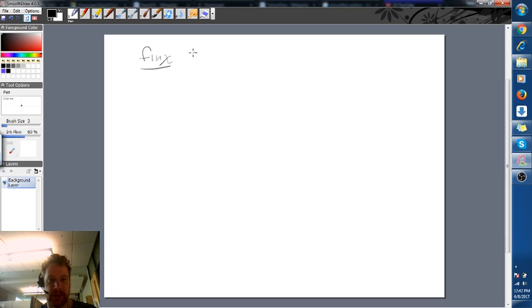And we write flux in reactor physics with this phi symbol. If we say phi equals the neutron density, and I'll just leave out the parameters of the neutron density function, and we multiply that by the velocity of that particular neutron.